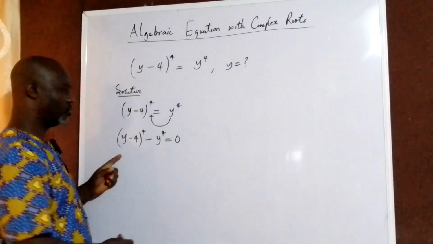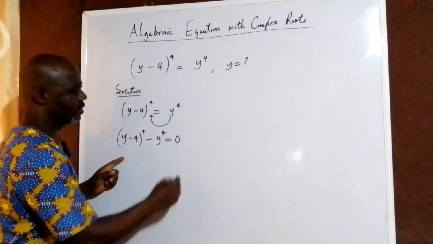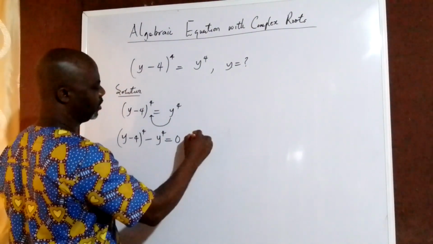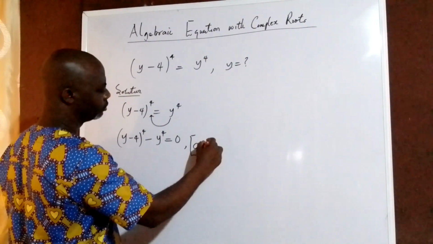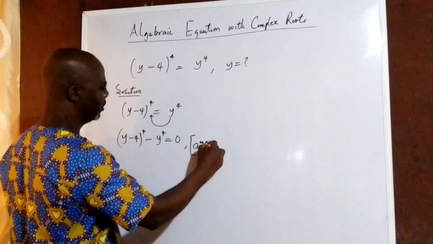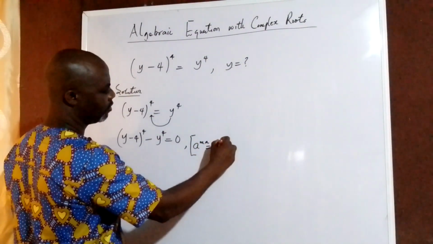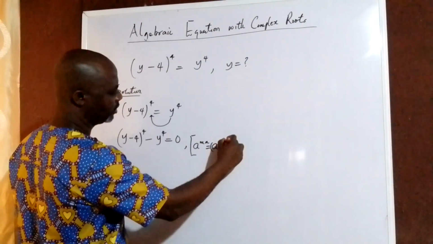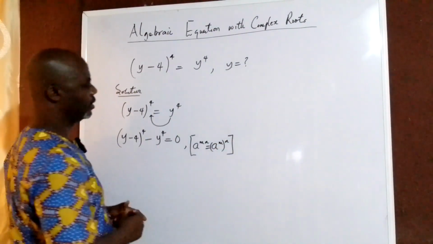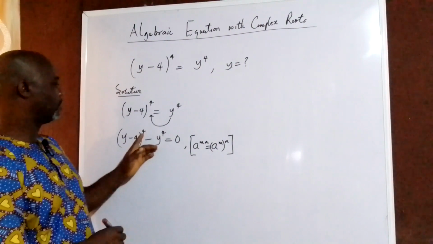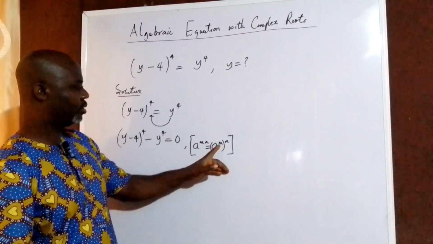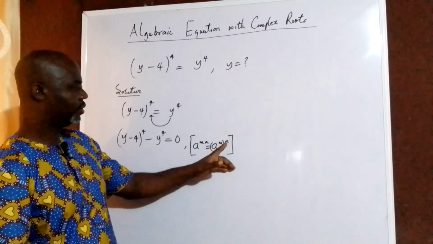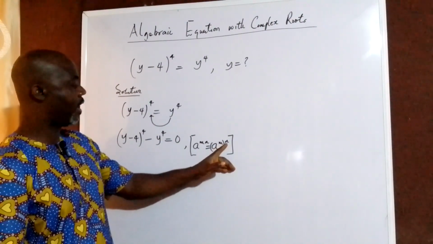Remember from indices that a to the power of mn is the same thing as (a to the power of m) to the power of n. So if I have mn, I can break it up into a to the power of m and then to the power of n.